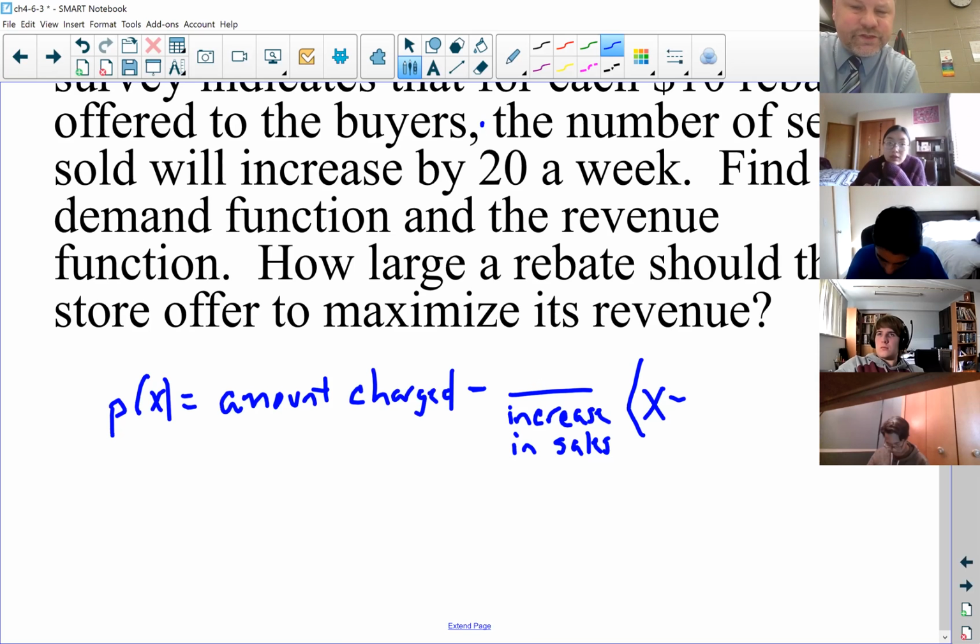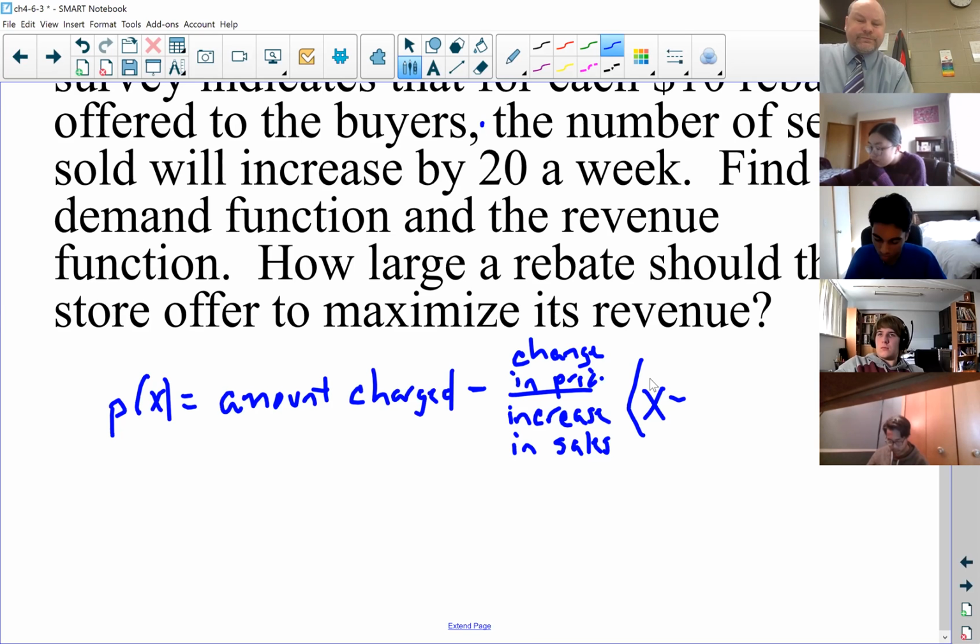Shouldn't be number sold, that should be change in price. And then we'd have X minus, this is where number sold should be, average number sold.